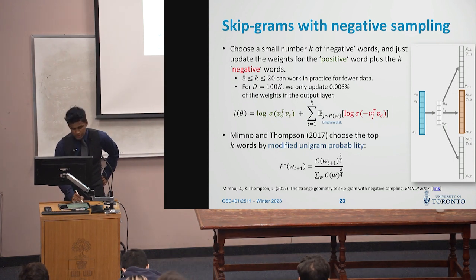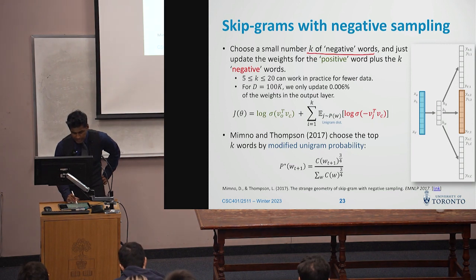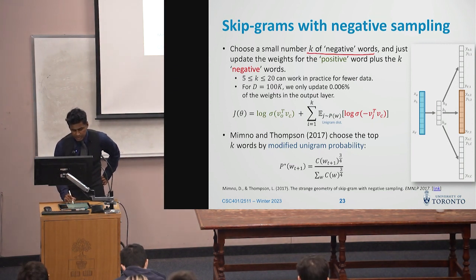This over here shows the objective function for skipgrams with negative sampling. The intuition here is that you're trying to maximize the true pair, and then you're sampling, actually there's a typo here, there should be J, k words, and you're basically decreasing the probability of these negative samples with the input word.